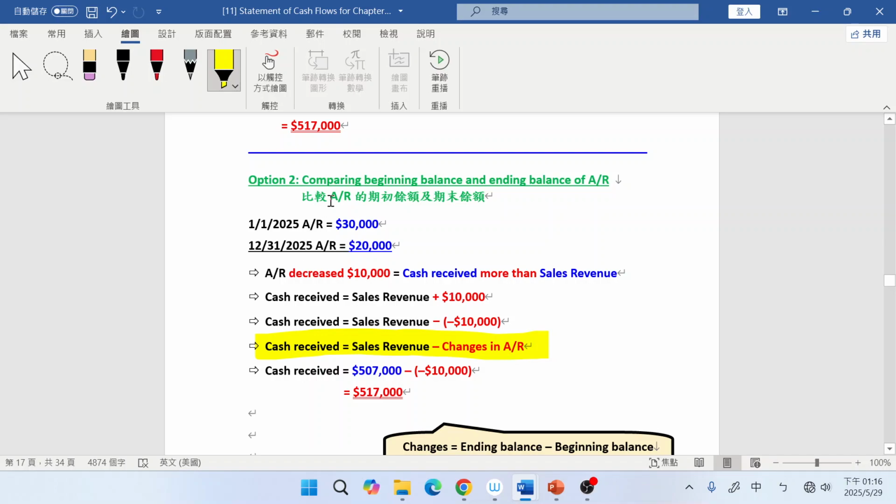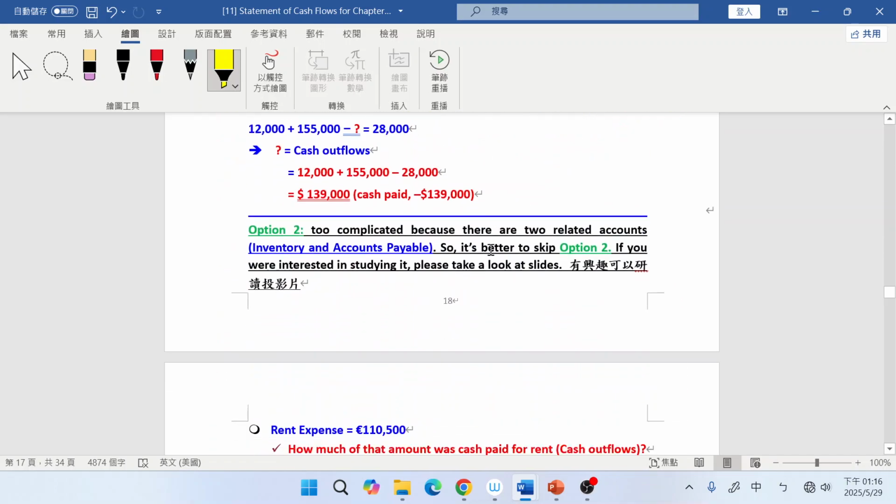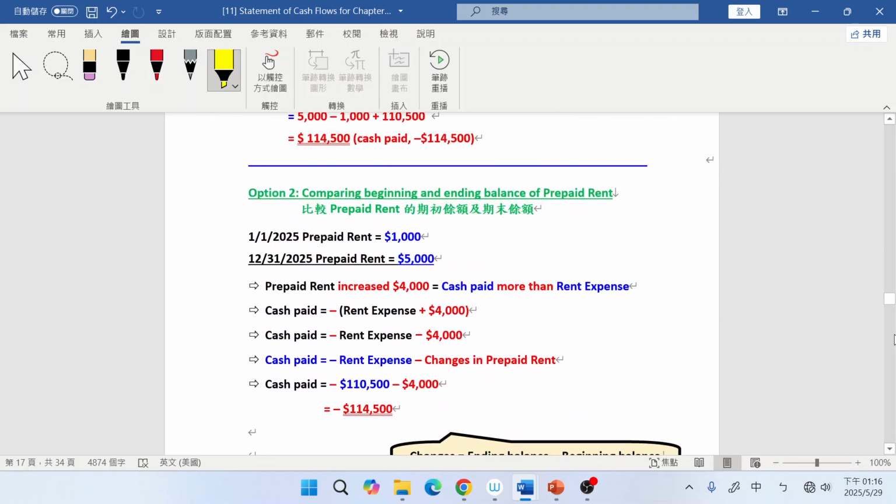Also, on your page 19, we have the formula. Did you find it? Minus changing prepaid rent. So for current assets, what's our formula? We use minus, right?